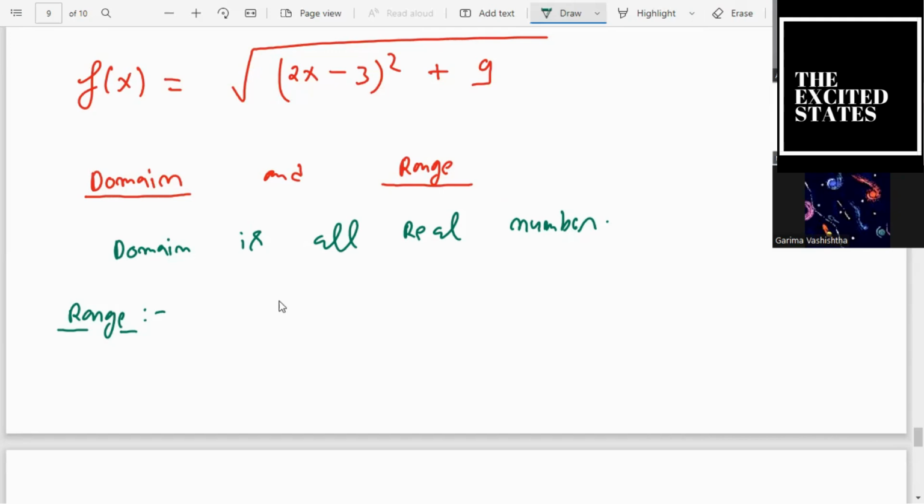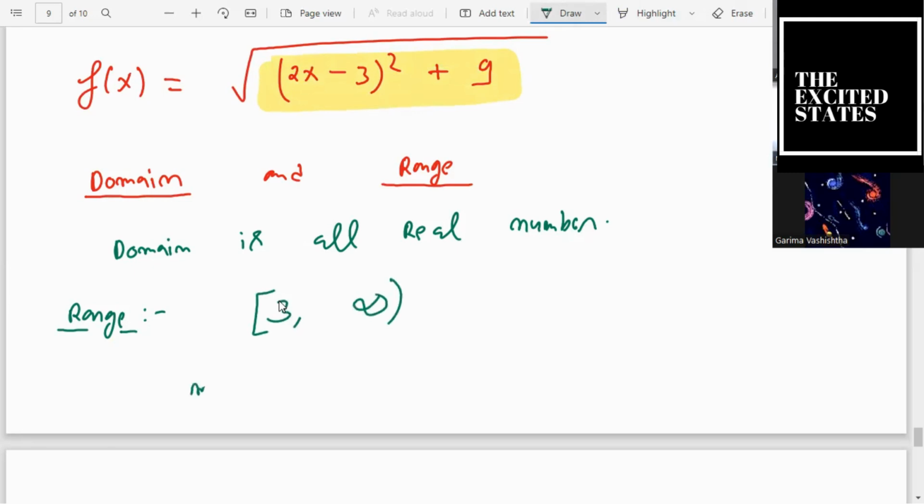Just tell me the minimum value of this expression only, forget the square root. It will be 0, plus 9. And just put the square root of 9. So what is this? 3. That means the minimum value is 3, so from 3 till infinity.